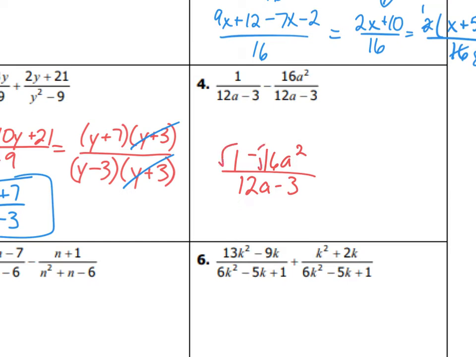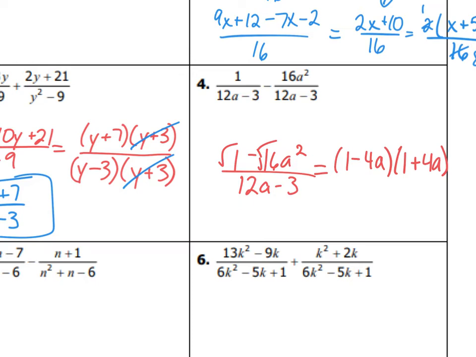So I can square root them. And what will this break down to on top? We'll start with just the square root of 1. What is that? 1. And what is the square root of 16a squared? 4a. Okay, so I need 1 that's going to be subtracting those 2, and 1 that's going to be adding them, correct? So 1 minus 4a, 1 plus 4a.